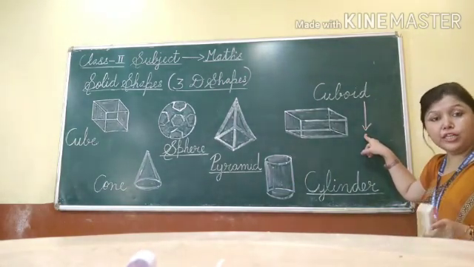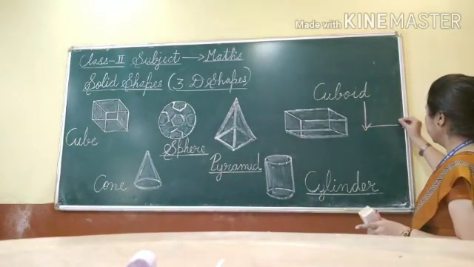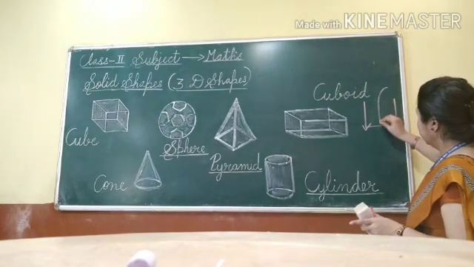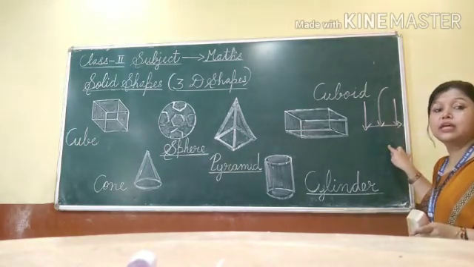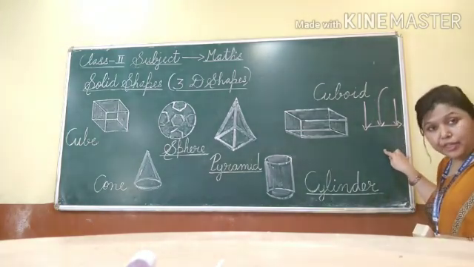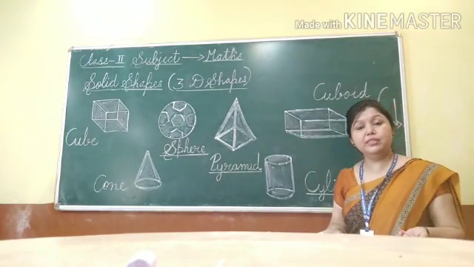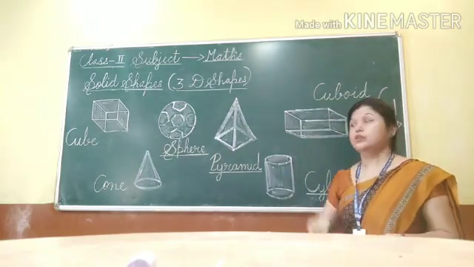Each solid shape has its length, width and depth. So this is known as dimensions. So 3 dimension means 3D means length, width and depth.